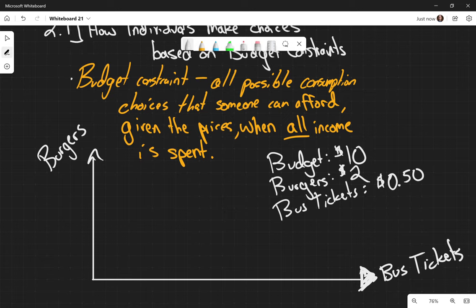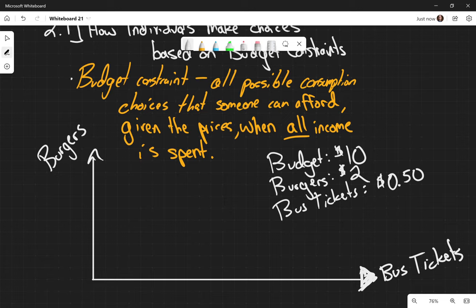So given this set of information, we have enough information to create a budget constraint for Alfonso. How would we do that? Well, the first thing we would do is try to find the x and y intercepts. So our y-intercept, the maximum amount of burgers that Alfonso could purchase.